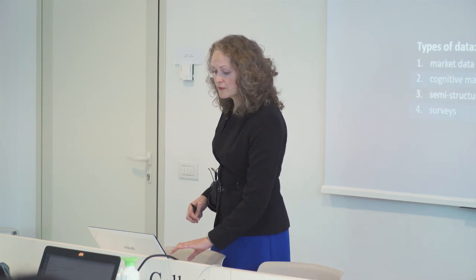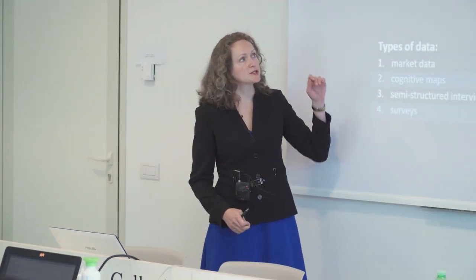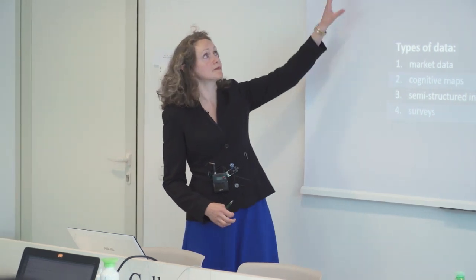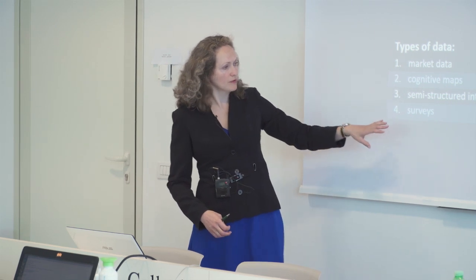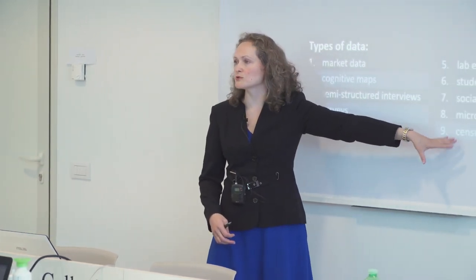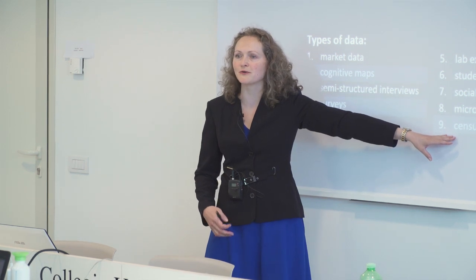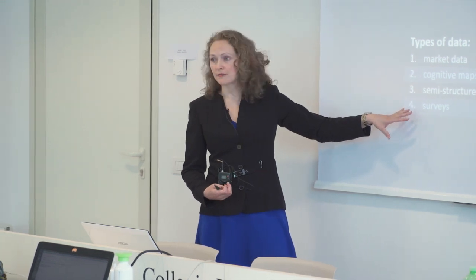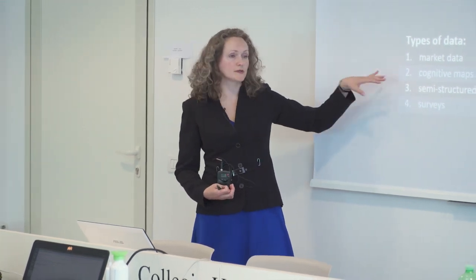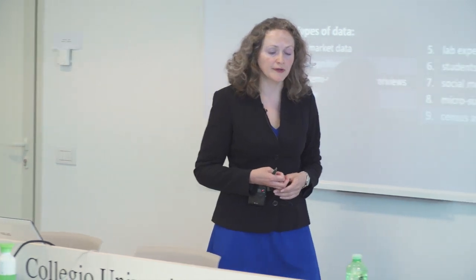So coming back to this picture, the types of data we used here were primarily on the micro level. We almost always try to use as much available data as possible. In the case of the Dutch farmers, we used a survey. In the case of the Australian, there was not a survey, but a series of participatory workshops where Sondos, my colleague, had been trying to elicit cognitive maps.